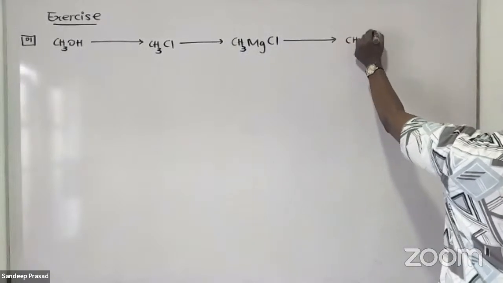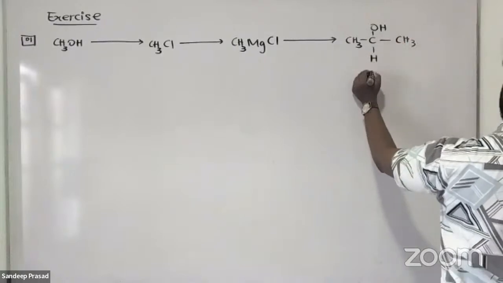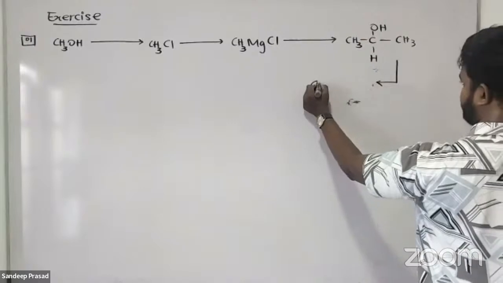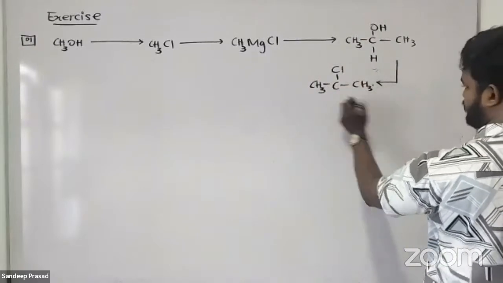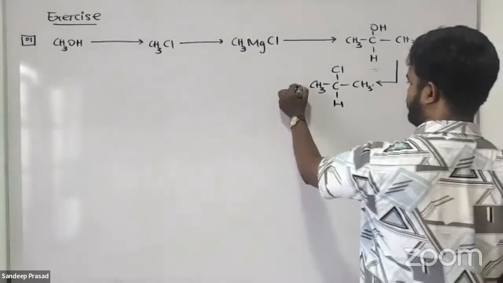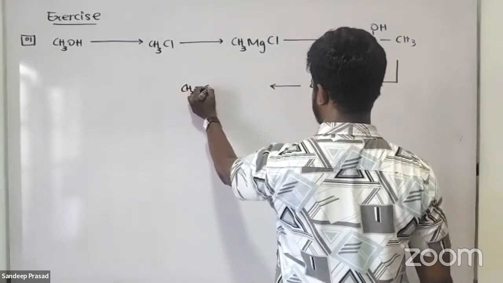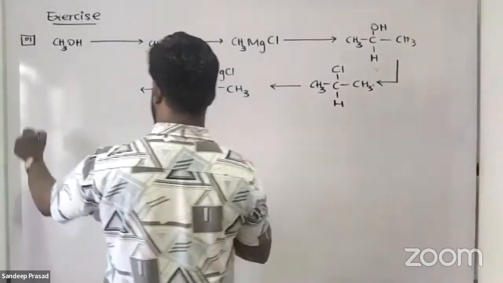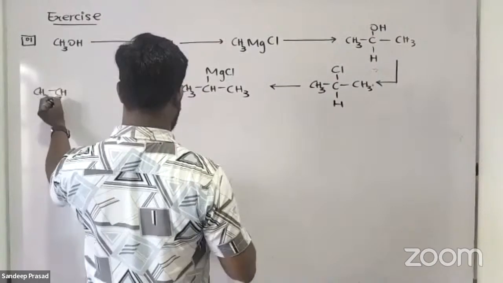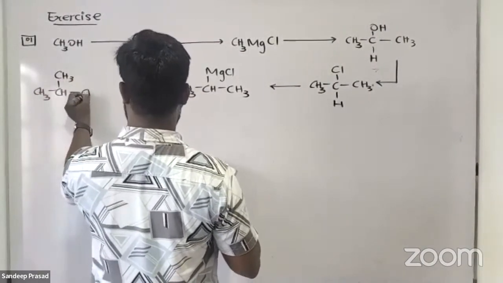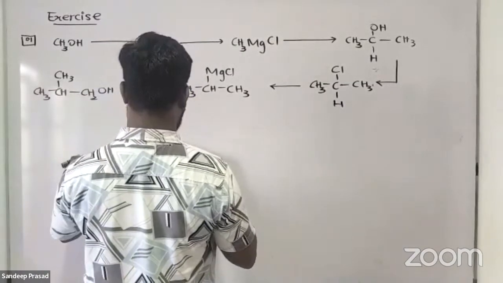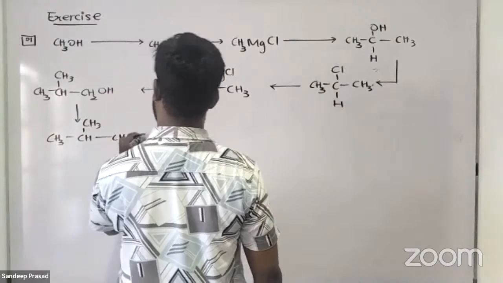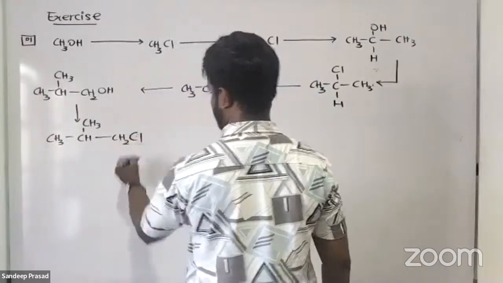Here we have formed a secondary alcohol, and then an alkyl halide again, and another Grignard reagent. This is the first one.